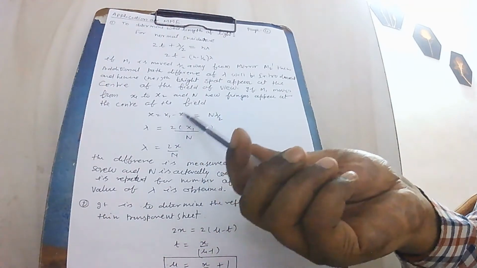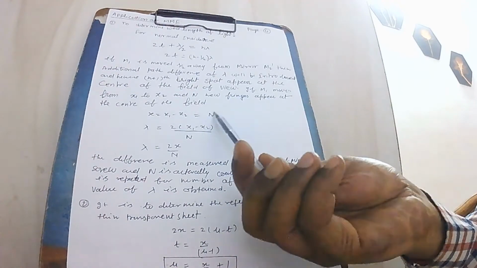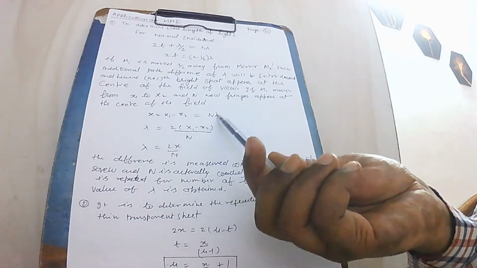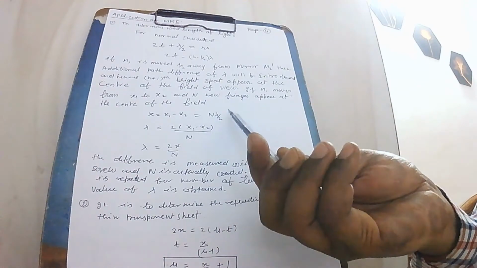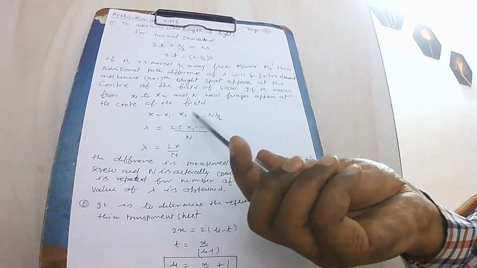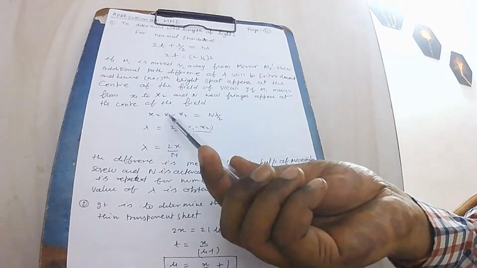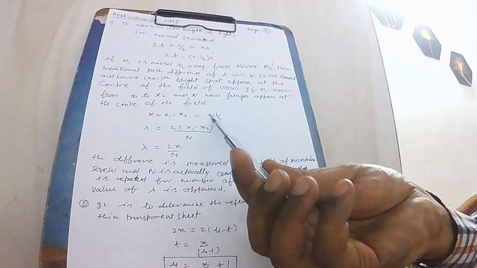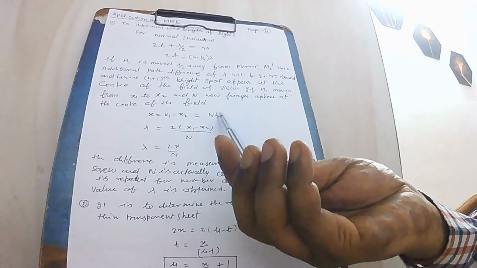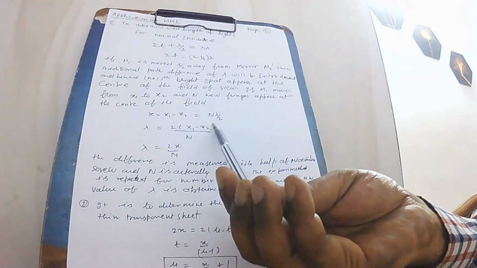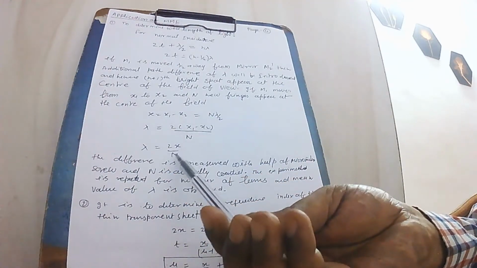So X1 minus X2 is equal to n lambda by 2, where n can be counted from the field of view of the microscope. So lambda is equal to 2 times (X1 minus X2) divided by n.